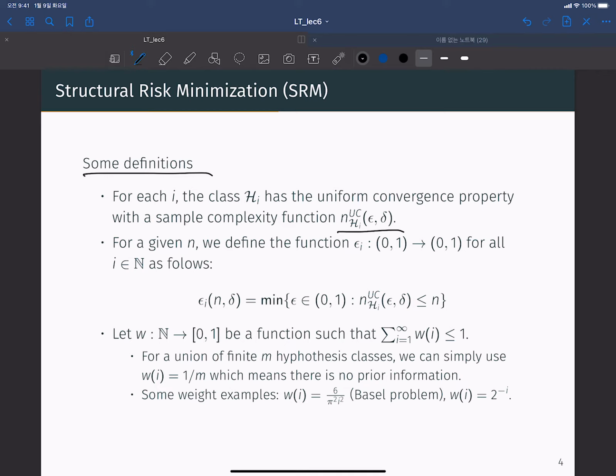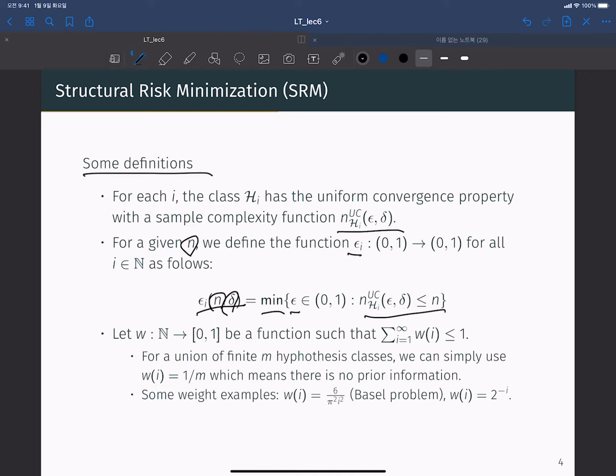And for a given n, we define a function of epsilon. So for given n and delta, there is a corresponding epsilon. We denote by epsilon_i(n, delta) the smallest epsilon that satisfies this.